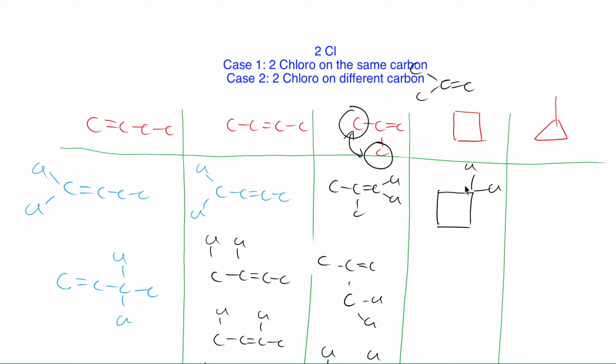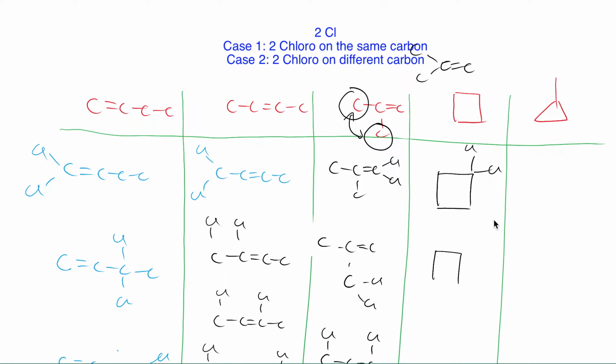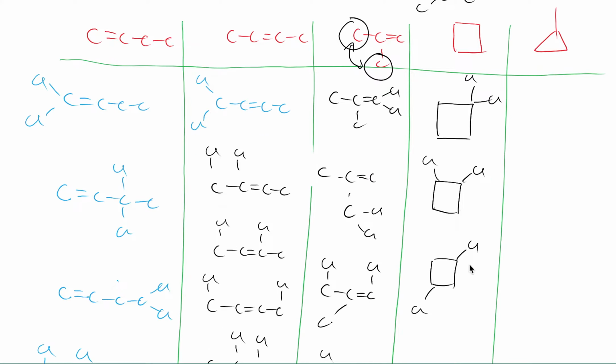Those 4 positions are identical, so you can only come up with one structure if you put both on the same carbon. Or you can put them on different carbons. You can put them in the 1, 2 position, or in the 1, 3 position. But that's it. You can't put them in the 1, 4 position because that would be the same as the 1, 2 position. So those are the only 3 isomers.